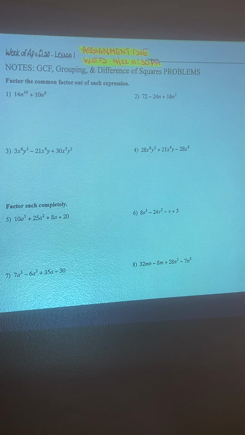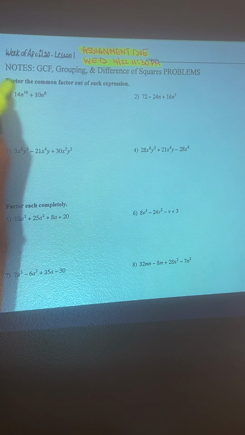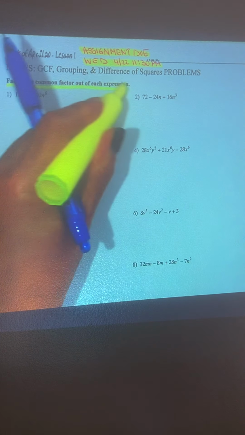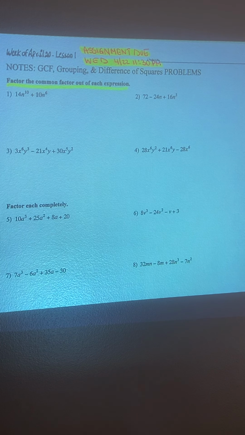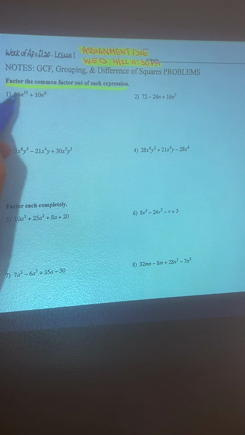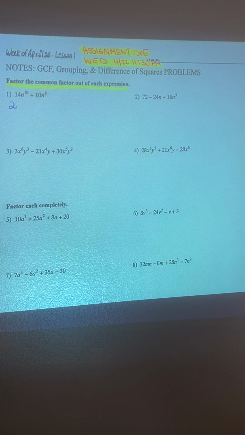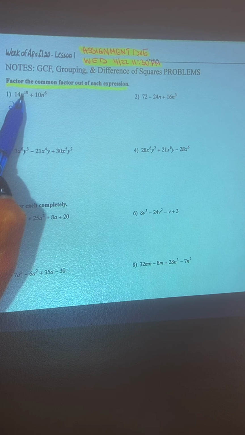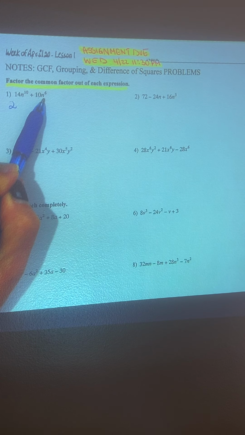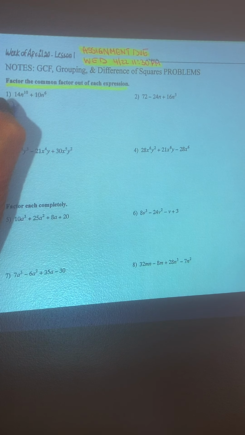The first four problems we're going to factor the greatest common factor. To do that, we need to factor the greatest common factor of 10 and 14. The greatest common factor of 10 and 14 is 2. The greatest common factor of n^10 and n^6 is n^6. We have to take the smallest exponent.